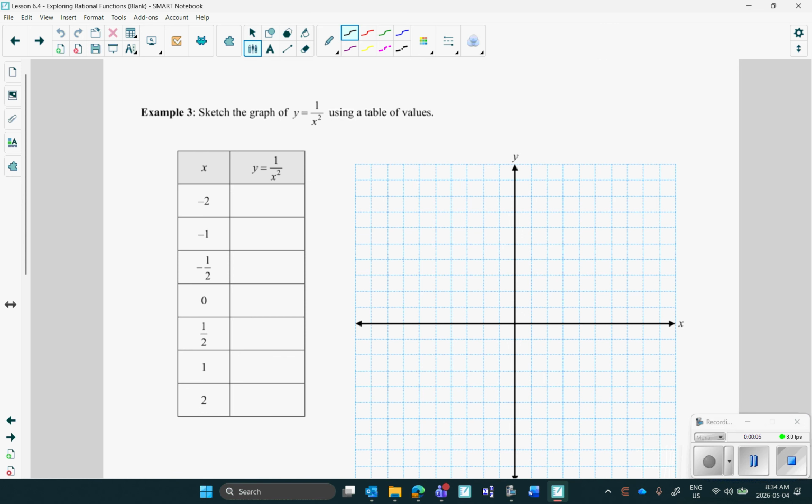Plus non-rational functions. Remember what we talked about so far were rational functions that look like this.